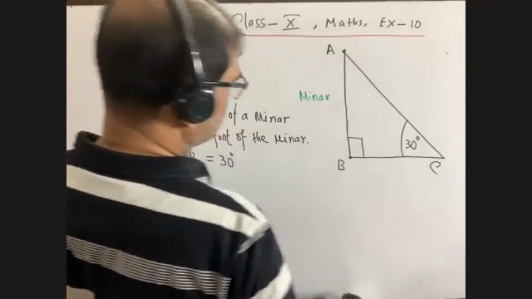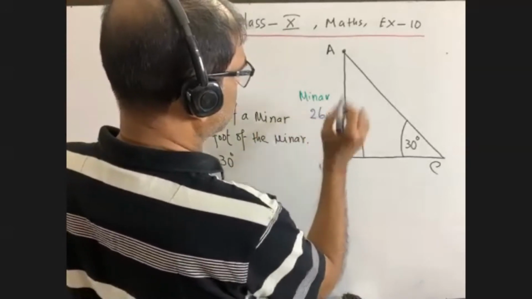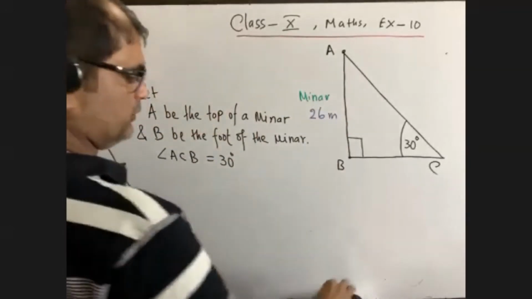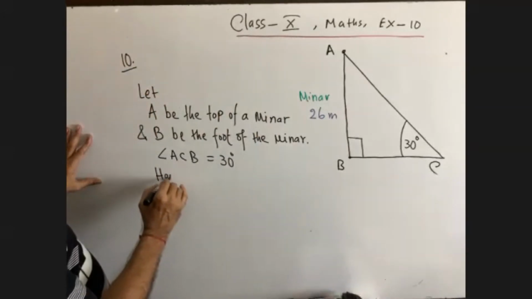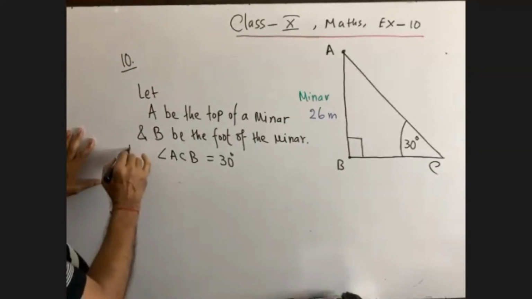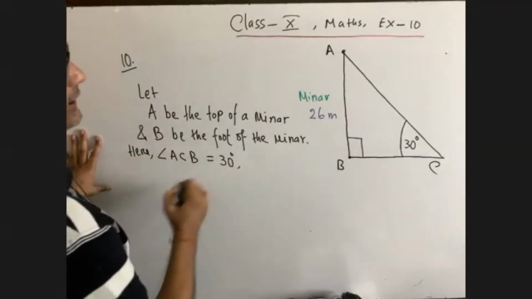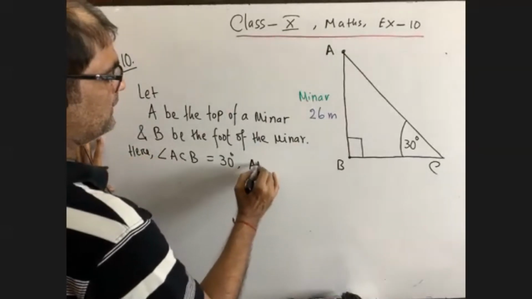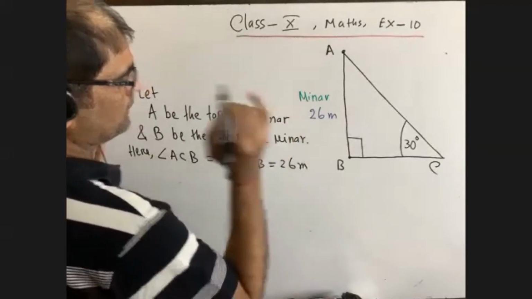So you write down, it is 26 meter. Now you see here, or we can write down here, angle ACB equals 30 degree. AB is equal to 26 meter. Okay.